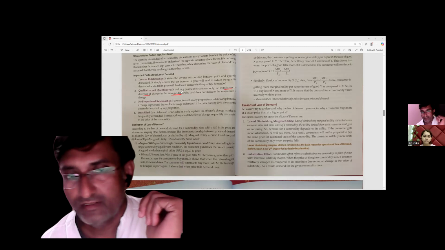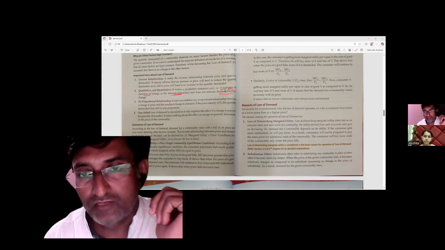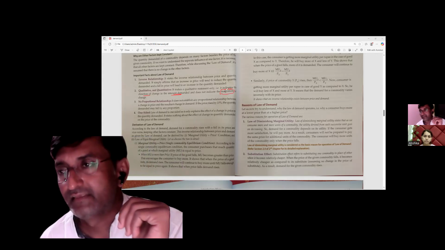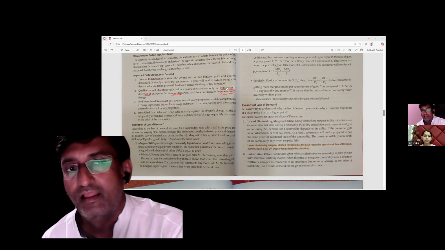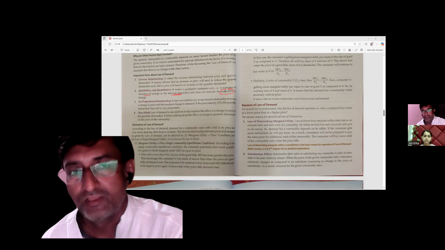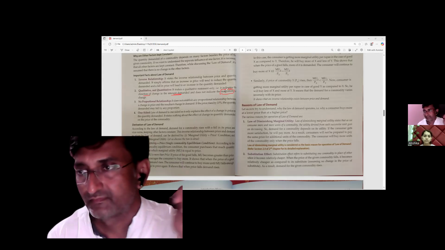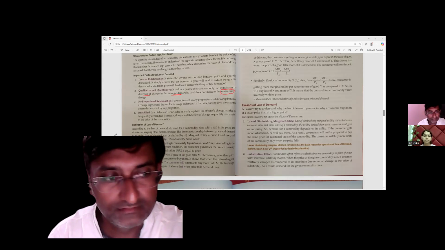In this point, it is showing us direction only, in which way the demand for the commodity is going, either upward or downward. And it does not indicate the magnitude of change; it is not showing how much percentage is changing in the quantity demanded. So it is showing direction, going upward or downward. Got it? Yeah.